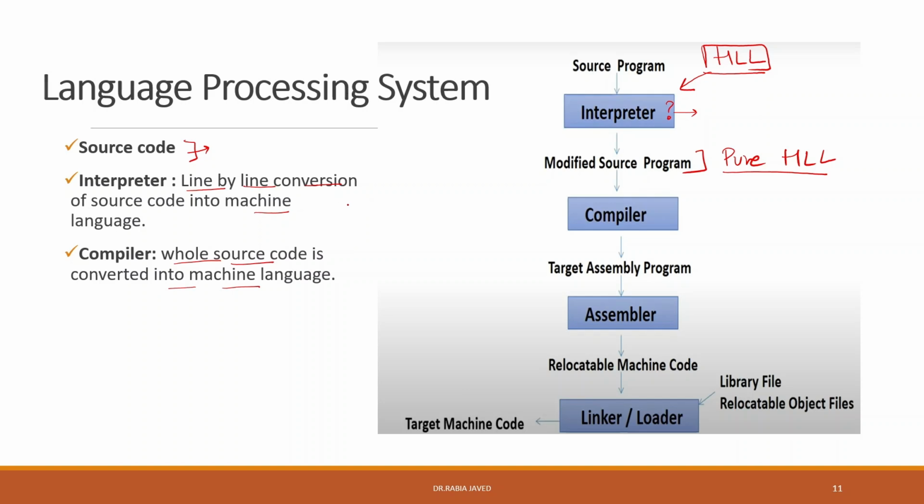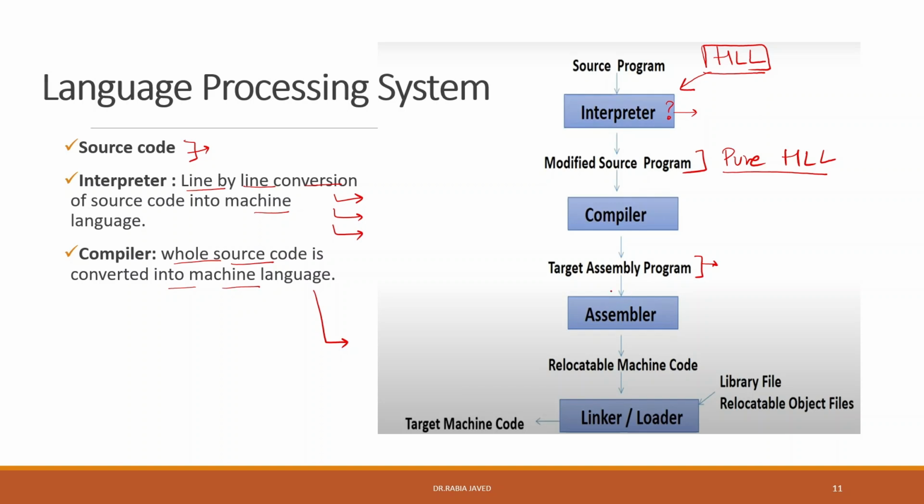Our interpreter goes line by line on the code, but our compiler goes through the entire code in one go. So when the pure HLL is passed through the compiler, it will form a target assembly program. We'll end up with an assembly program, and then we will send it to the assembler.